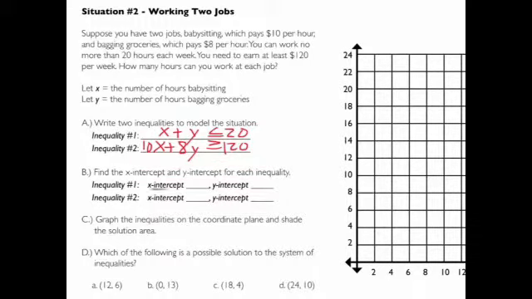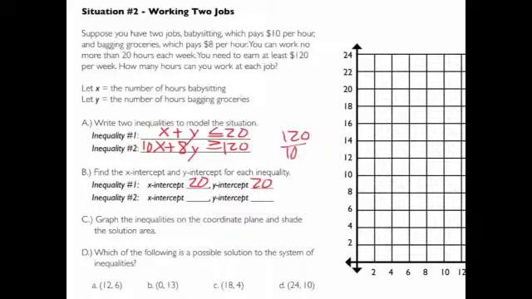If I want to get my X and Y intercept for my first one, I just need to take the 20 hours and divide by the numbers in front of the x and y, which are both 1. And so my x and y intercepts are both going to be 20, because 20 divided by 1 is 20. On the next one, I need to take 120 and divide by the numbers in front of the x and the y.